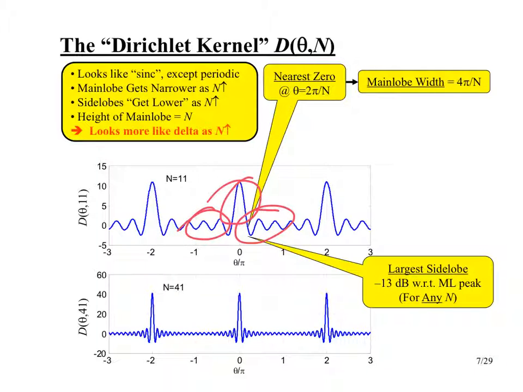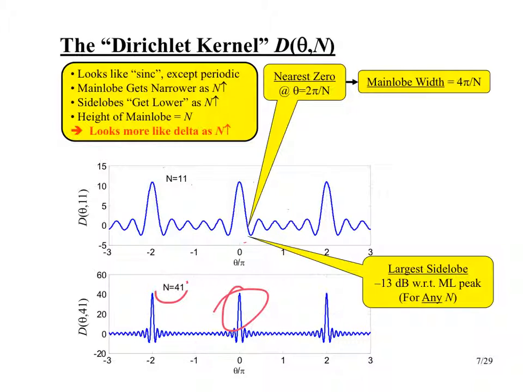And we can see that as we go from N equal to 11 out to N equal to 41, the main lobe gets narrower, and the side lobes look like they go down, but in reality, we'll see that this largest peak, which is shown here as negative, and soon we'll be looking at these things in dB, so those negative peaks will get flipped up.